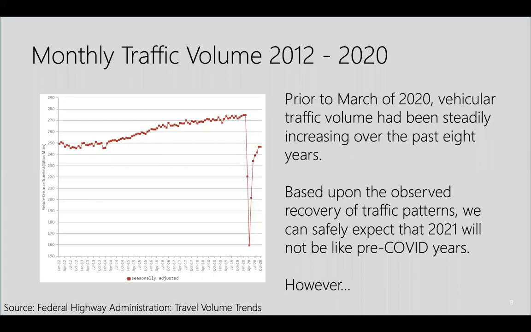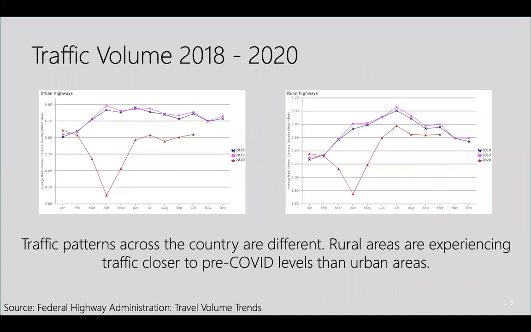That said, traffic patterns do differ across the country, in different areas. On the right side, there's an example of rural highways. You see there's that dip in April and then the climb, but similar to the urban highways on the left, similar dip.